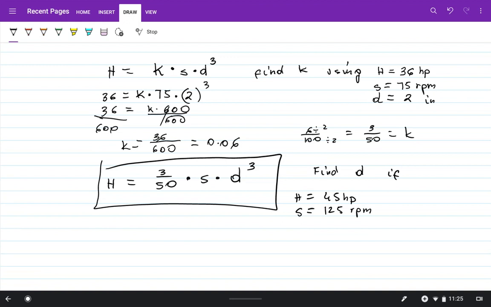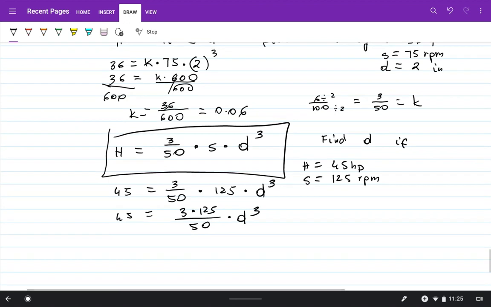We're replacing H with 45, constant 3 over 50 times S, which is 125, times D to the third power. Okay, so let's simplify. So we have 45 equals 3 times 125 divided by 50 times D to the third power. 3 times 125 is 375. So we have 45 equals 375 over 50 D to the third power.